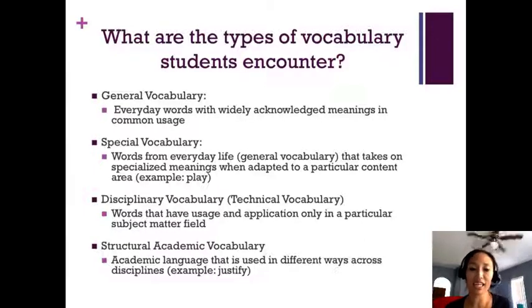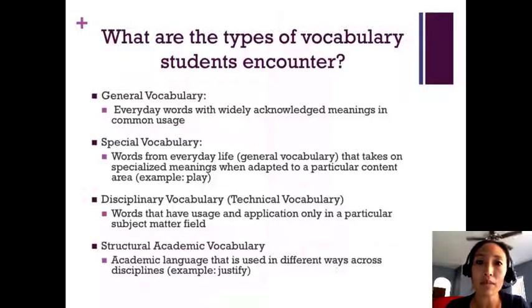And then finally, and this can be often the most difficult, is structural academic vocabulary. So similar to special vocabulary, these are words that can be used in different ways across different disciplines, but they are academic language words instead of everyday words. So for example, the word justify. So if you were to justify a triangle to the right, that's very different than saying that you want a student to justify their response.